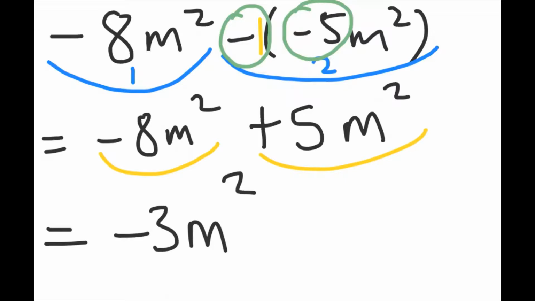Let's double check. And I always double check my work, each and every line that I do. Sometimes I just do it in my head, but that's why, if you know it's right, you can continue with confidence. So there's a minus 8m times, this will give you plus 5m squared.